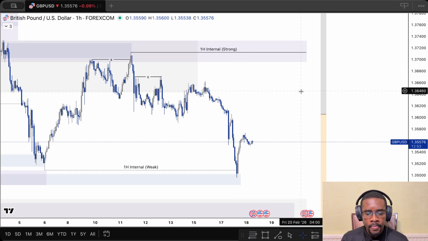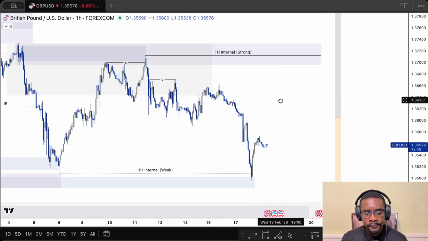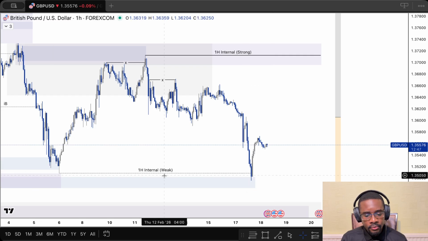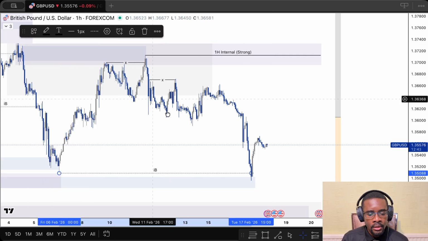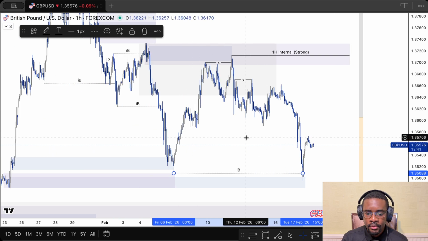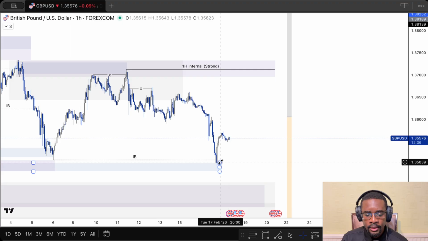Okay, so that's the strong swing internal. Okay, and then that is an internal break of structure. Okay, all right, so after a break we expect a pullback, and so we just had a break and then we had a pullback.